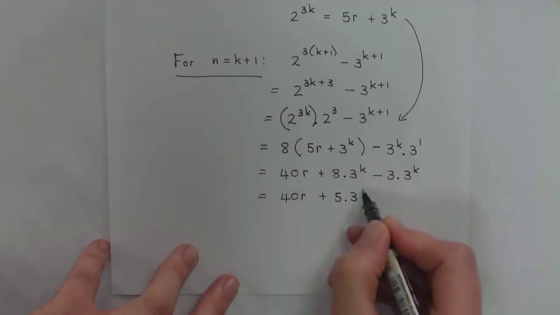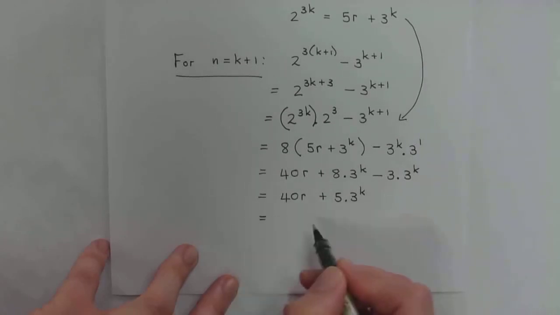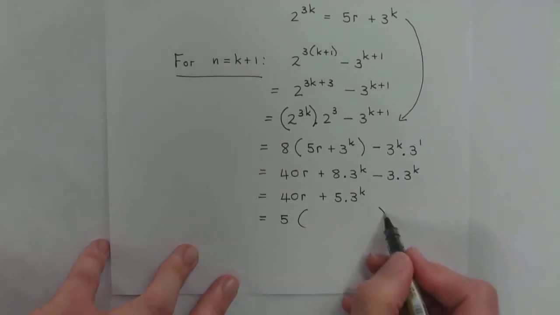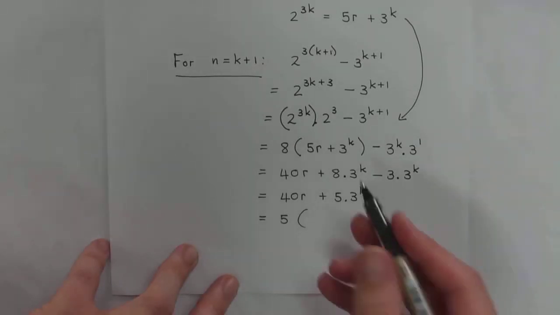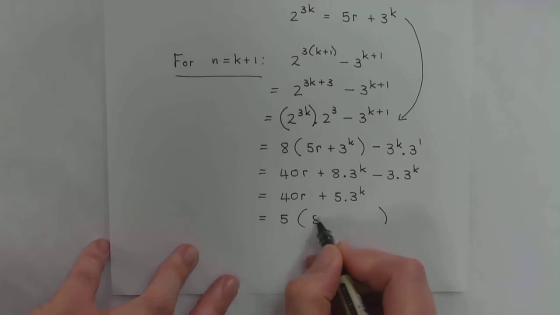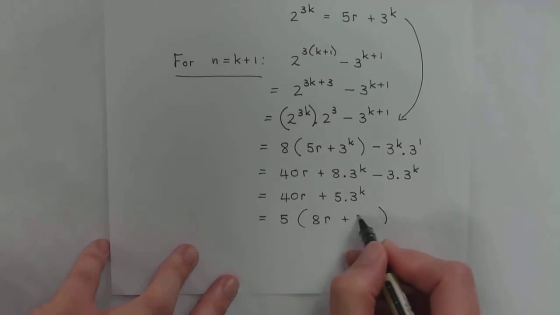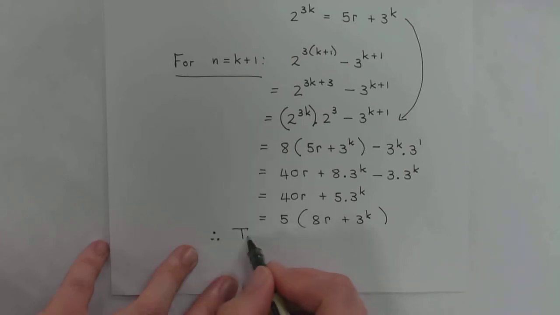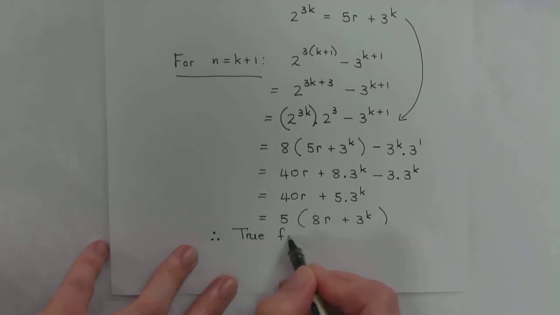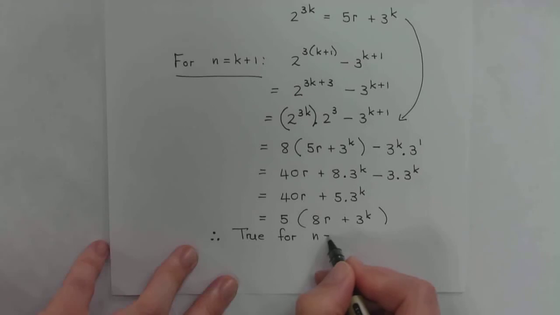And that's exactly what I'm striving for. I'm always striving in this last step for whatever I'm trying to prove divisible, in this case 5, to prove that 5 is a common factor. And what I can do now is take out 5, and then this will be 8r plus 3 to the power of k, which means therefore true for n equal to k plus 1.